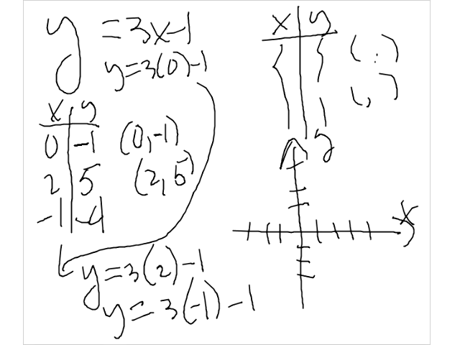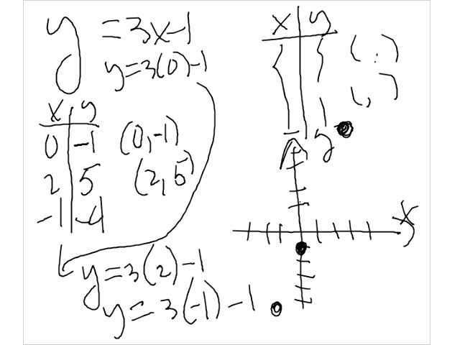So now we plot those points and hook them up, and that will be the graph of y equals 3x minus 1. 0, minus 1 is right here on my graph, and 2, 5 would be right here, and minus 1, minus 4 would be right here.